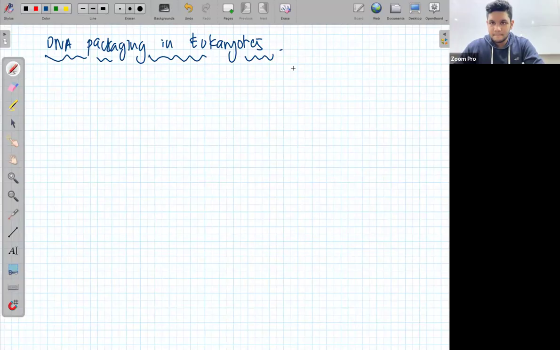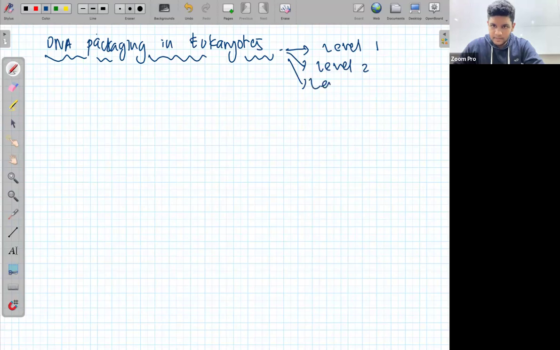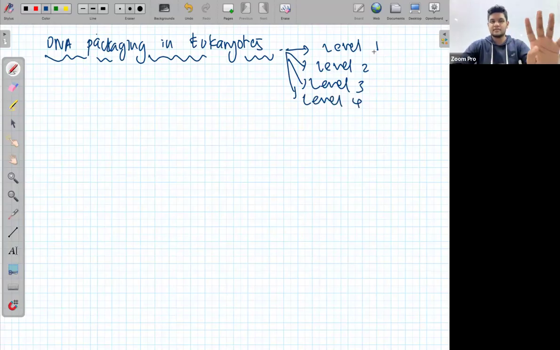I'll mention it here: level 1, level 2, level 3, and level 4. Here they have given certain names of proteins and certain dimensions. It's a simple part, but they have given some information to remember.